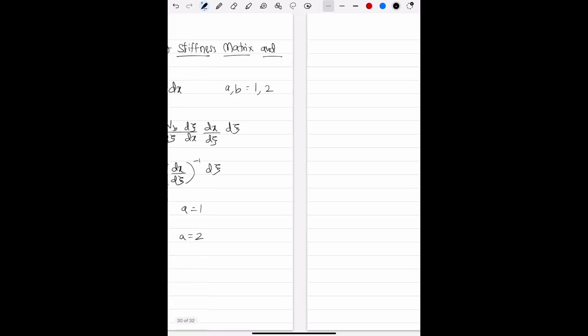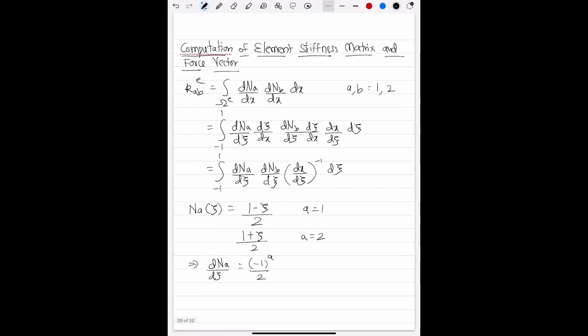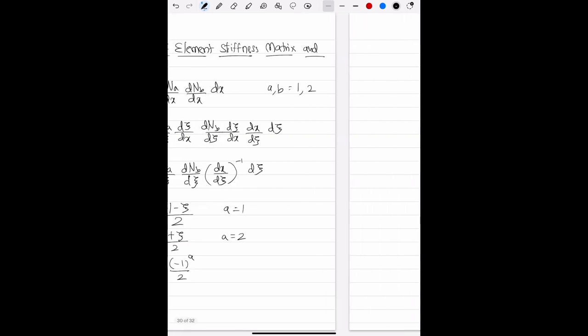Next, we want to evaluate what dx/dpsi looks like. For that, we recall that x of psi, the mapping from psi to x, can be written as the summation over A equal to 1 to 2, over both the nodes, of N_A of psi times x_A^e.